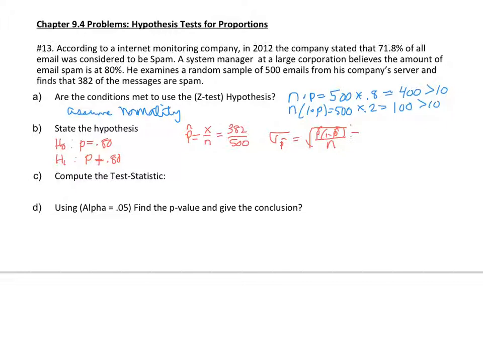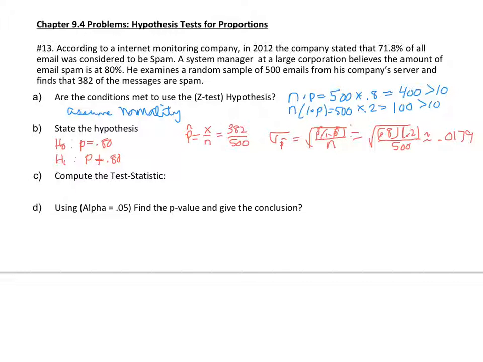Well, in this case, we're going to use p, which is 0.8, times 0.2 divided by 500, and we get approximately 0.0179.